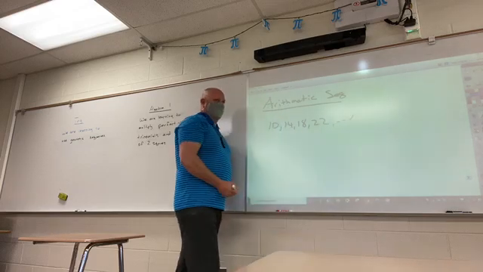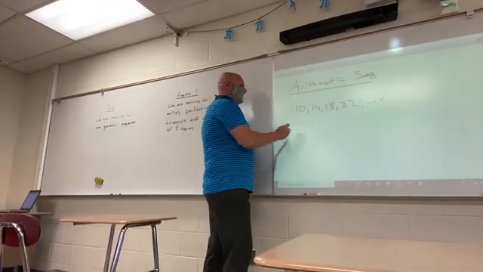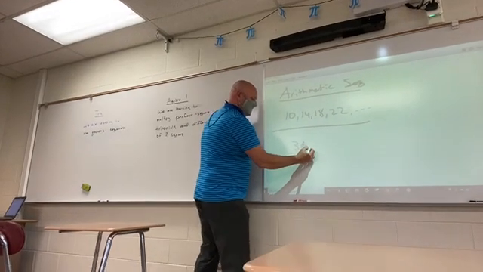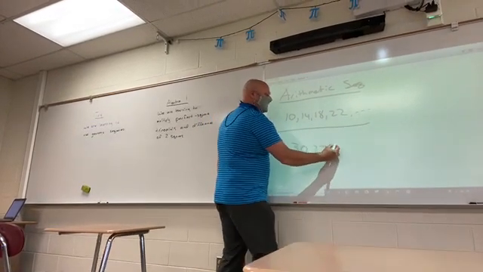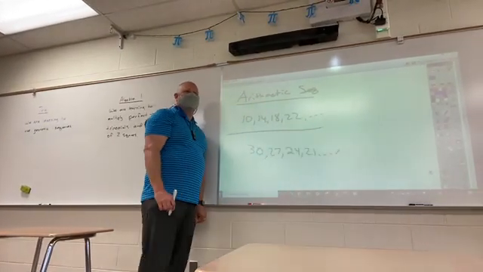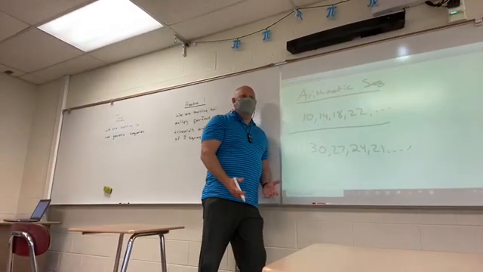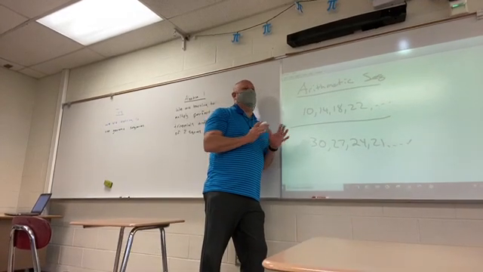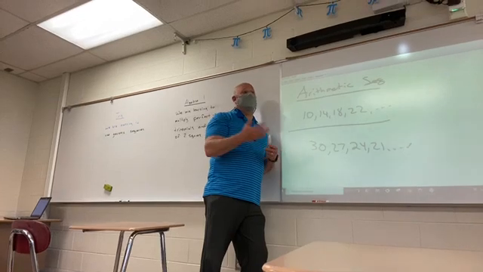Because you're adding 4. Can you have a sequence that goes 30, 27, 24, 21, where it's going down? Yeah. What are we adding? You're adding a -3, right? So yeah, technically arithmetic is just addition, but you can go up or down.